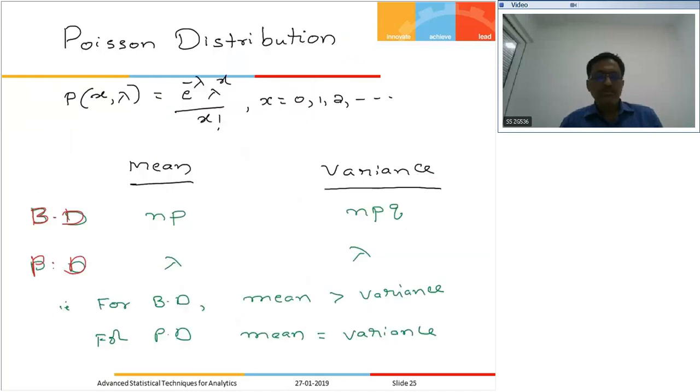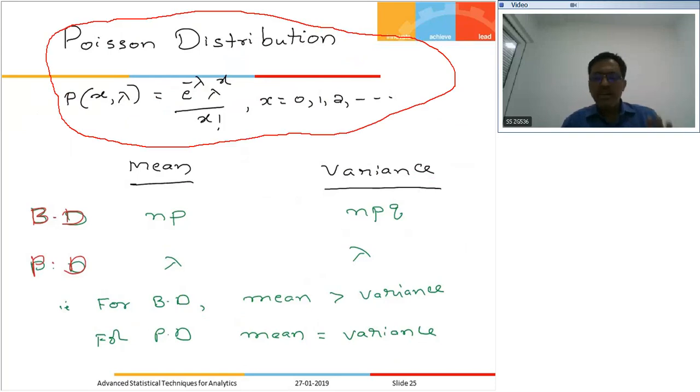Next is Poisson distribution. Poisson distribution is another distribution where its probability distribution function is defined as e power minus lambda, lambda power x by x factorial. So here this lambda is called the parameter.